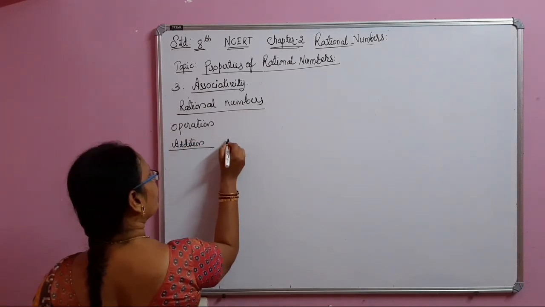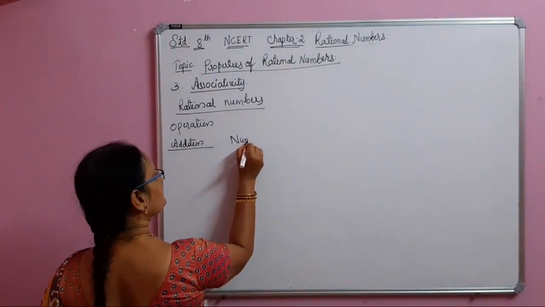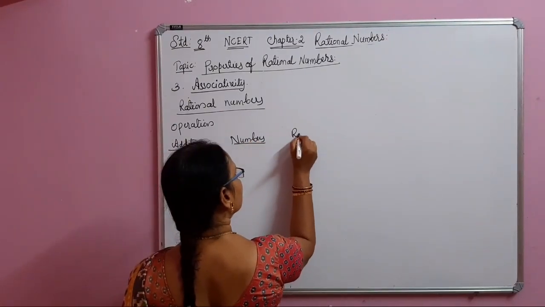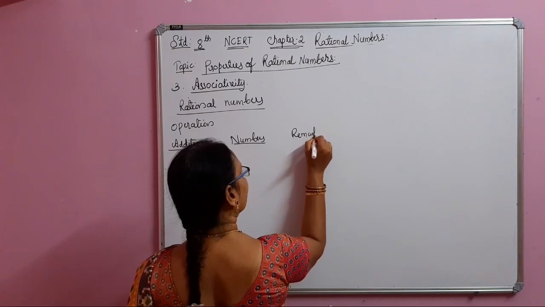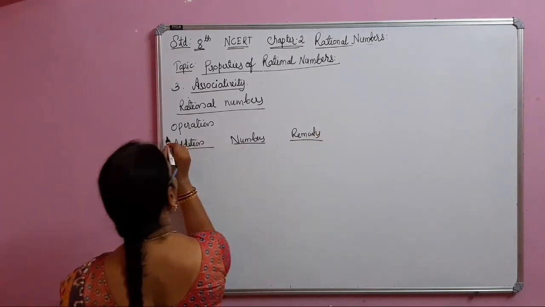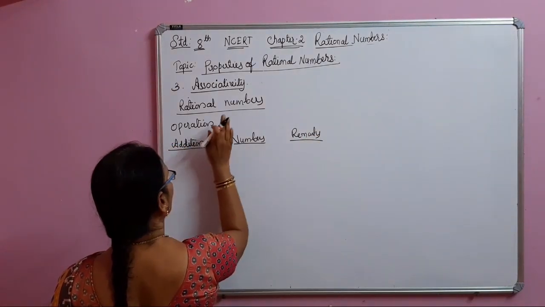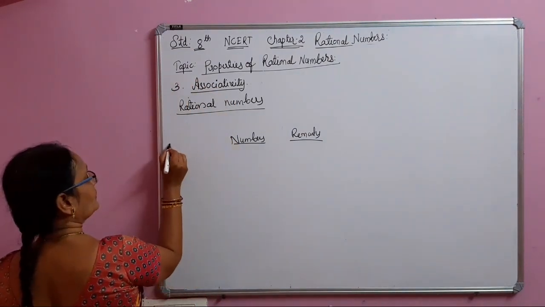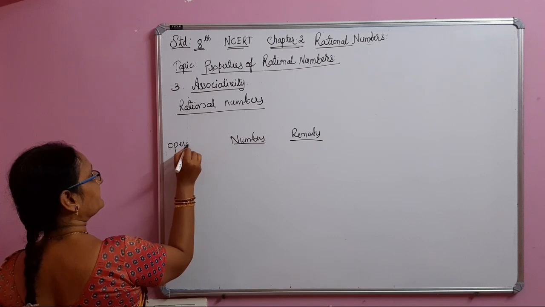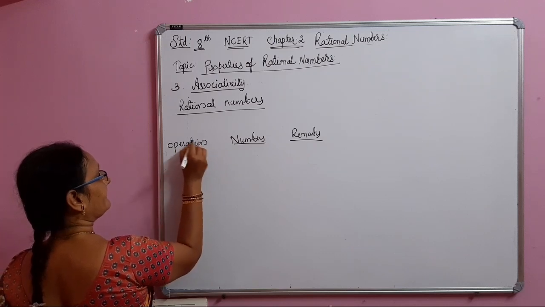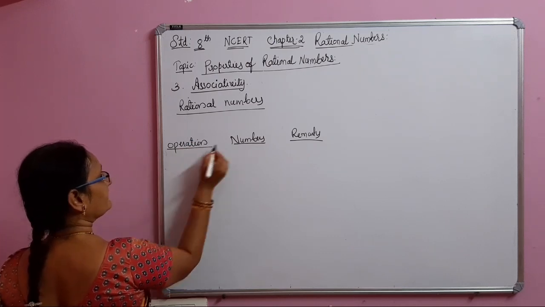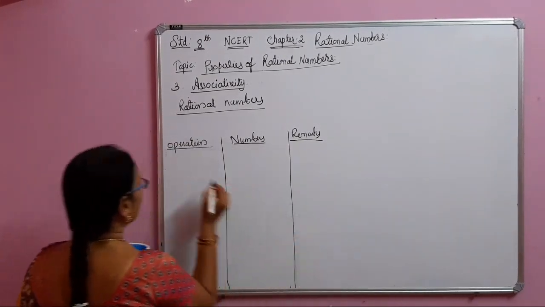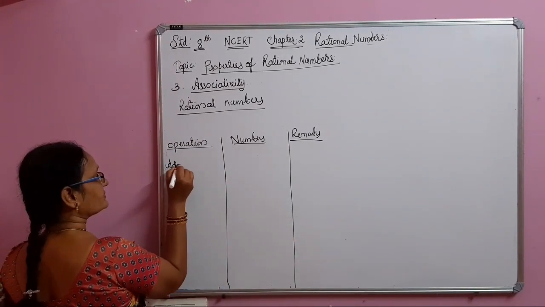Then the numbers, an example we will take, and then remarks. The first one is addition for the rational numbers.